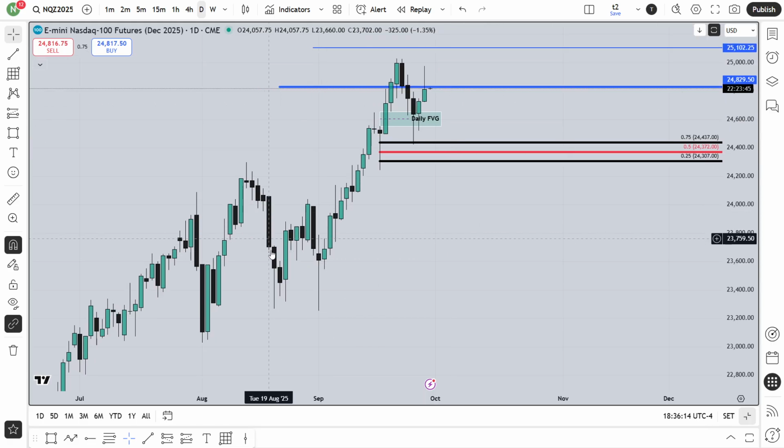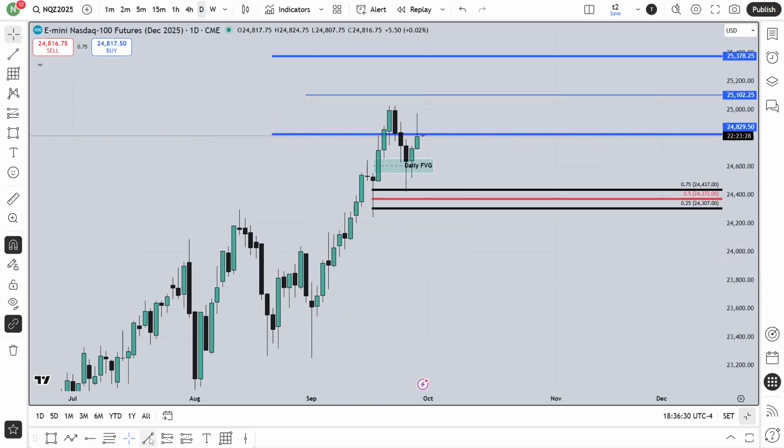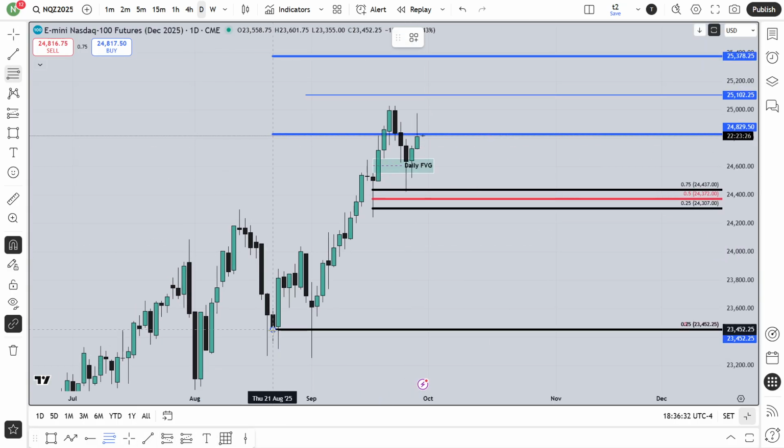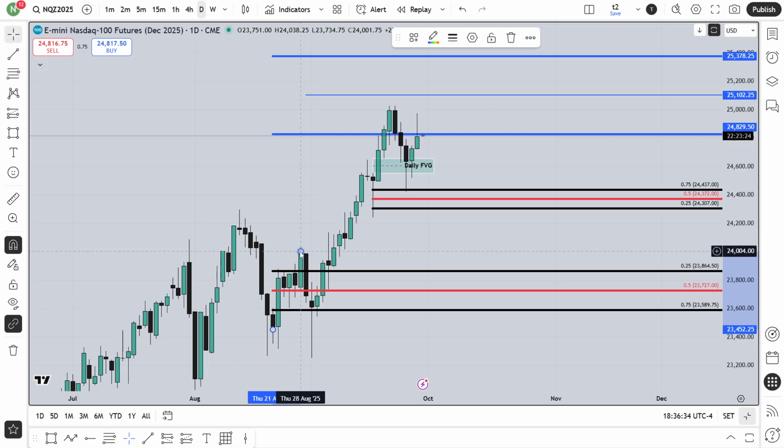Here I have used the standard deviation. I'm not going to explain the standard deviation in this video because here I am solely focusing on the order block and the setup, where most of the things come from the order block. So here I'll just show you. These are the lines from the standard deviation, where I have used this area to mark the standard deviation.